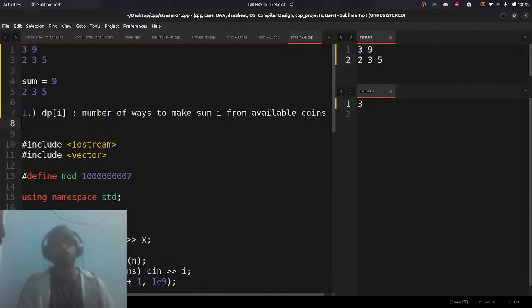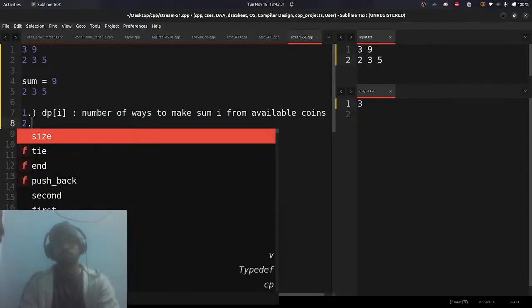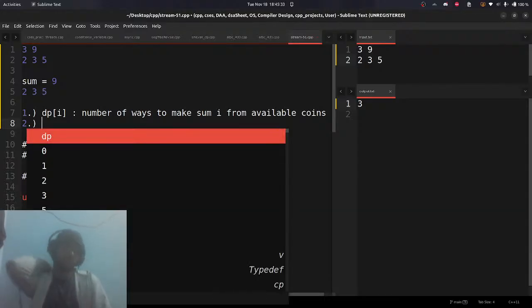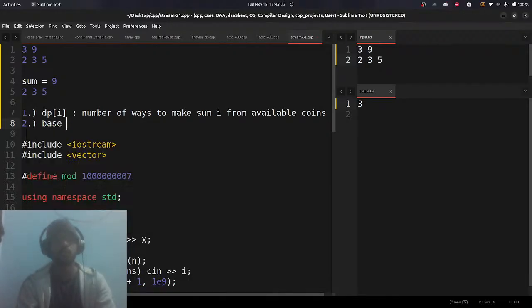Okay. So what will be the base case then?